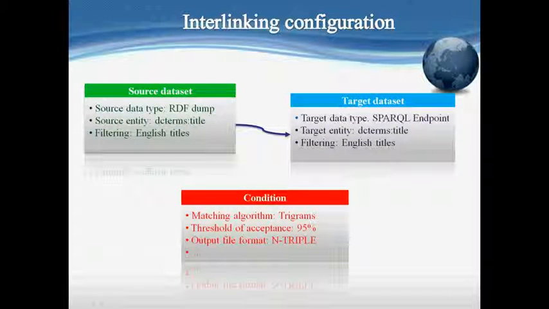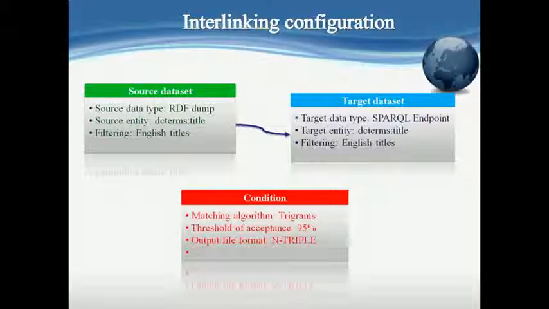For example, you can filter the entities according to their language or some other specification that you want to put in your source entity. And for your target entity or target dataset, the story is the same. You should specify a SPARQL endpoint or RDF dump if you have one from the target dataset, and the entity that you want to interlink to, and the filtering that you want to put on the right side datasets.